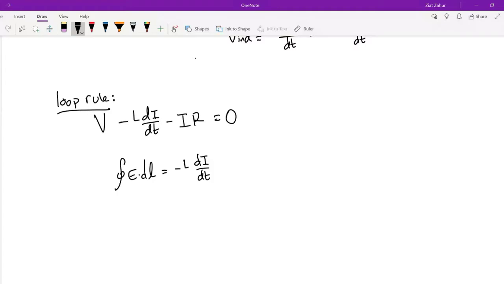All right, so these are the two things that you have in your arsenal. Let's use Kirchhoff's loop rule to solve for the current in our system.